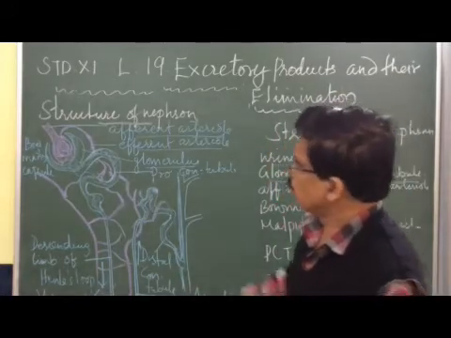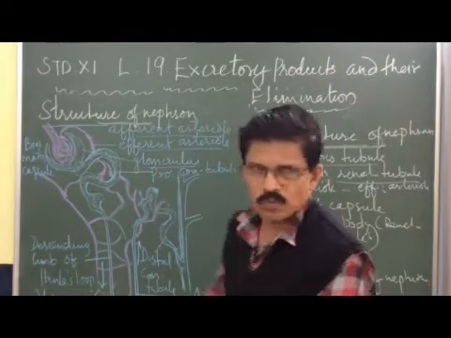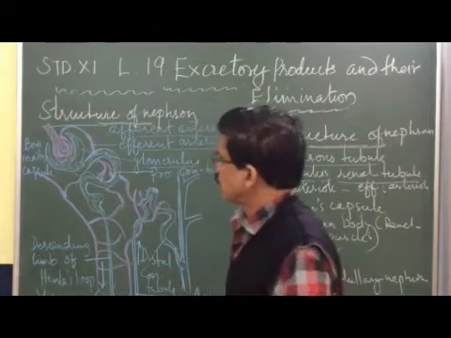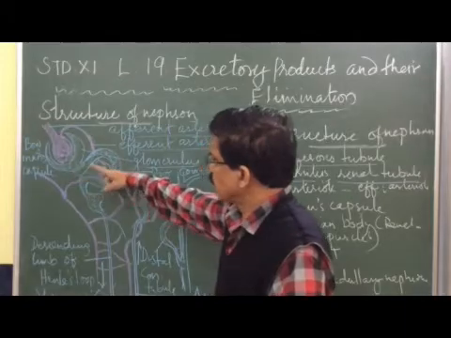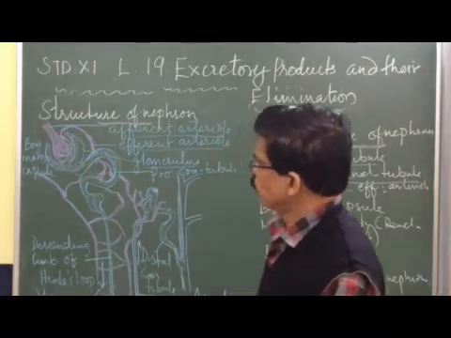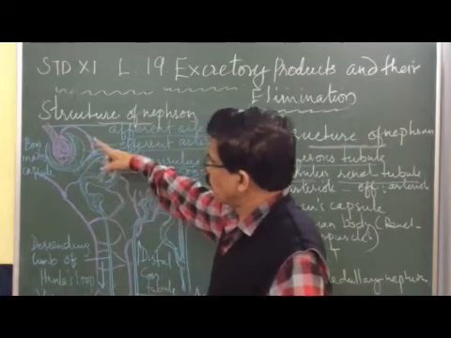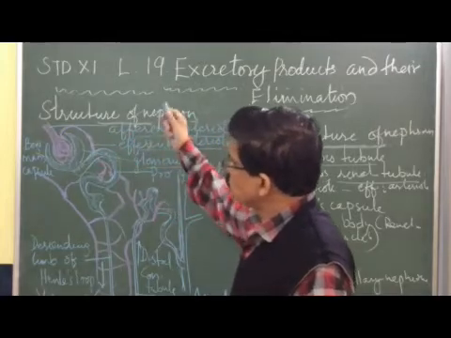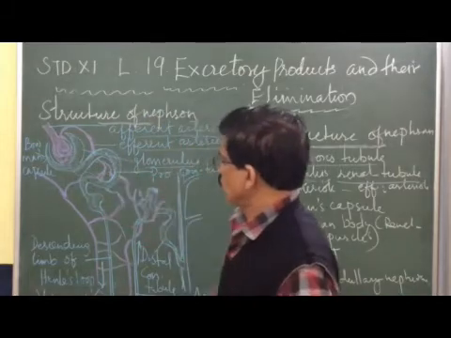So once again I will tell you, renal tubules or urinary tubules are highly coiled tube-like structures, and they have two parts: glomerulus and the Bowman's capsule, and the second part is called renal tubule. Inside the Bowman's capsule, the afferent arteriole, a branch of the renal artery, forms a tuft of capillaries, that is called the glomerulus.